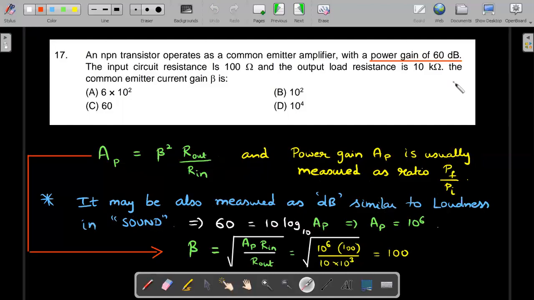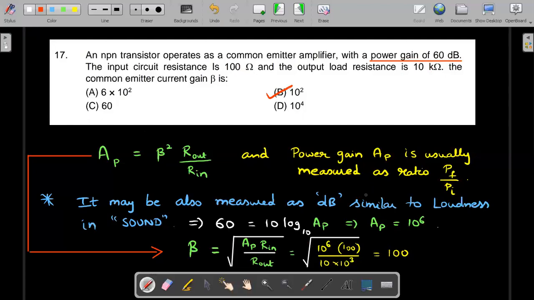Then you end up with 60, and this is nothing but 10 to the power 6. You put that back, 10 to the power 6 in essence, equals beta squared R out by R in. R out and R in are mentioned. As you could see, input is 100 and output resistance is 10 kilo ohm, and you substitute and get the value of beta equal to 100. Okay, so this is the correct answer.